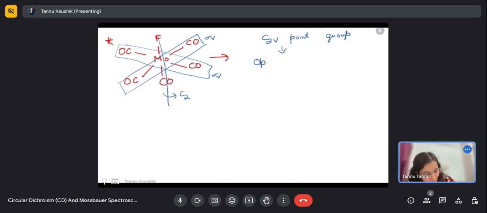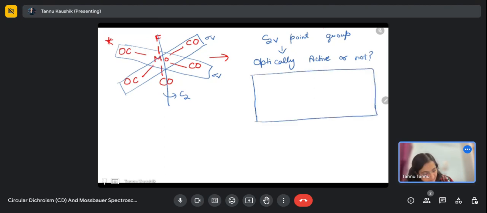So for the CNV point group, if we draw the character table, again here we have these irreducible representations.